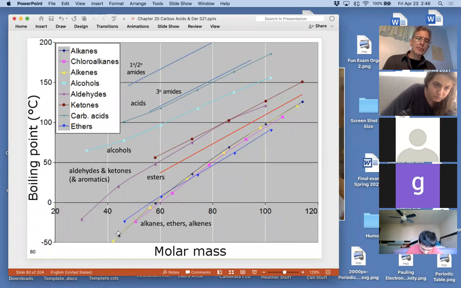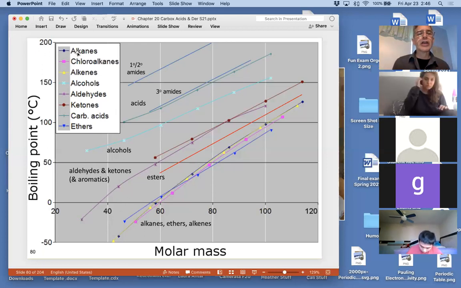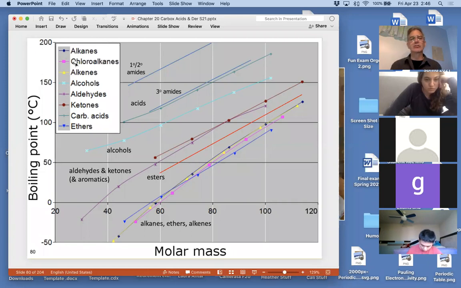So as you make them larger, the boiling point goes up. And all 4 of these have very similar curves, and they are alkanes, chloroalkanes, and the chlorine counts for its full mass, so that's an effect. Alkenes, which I don't really want to deal with that much, but they don't have stronger induced dipoles by and large.